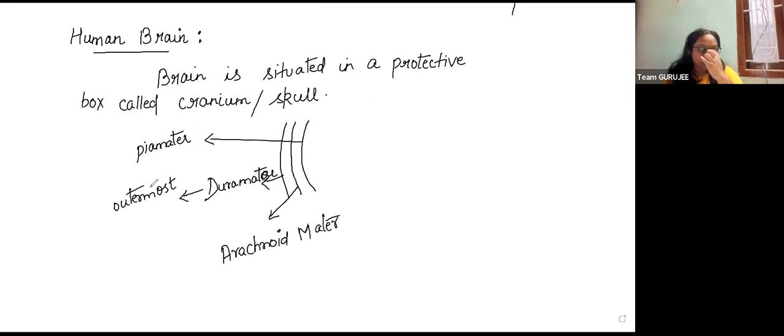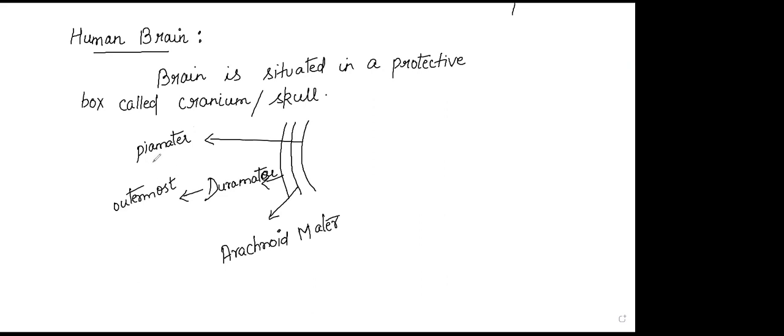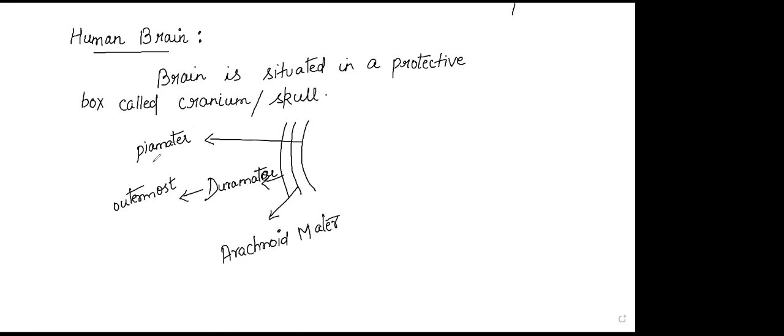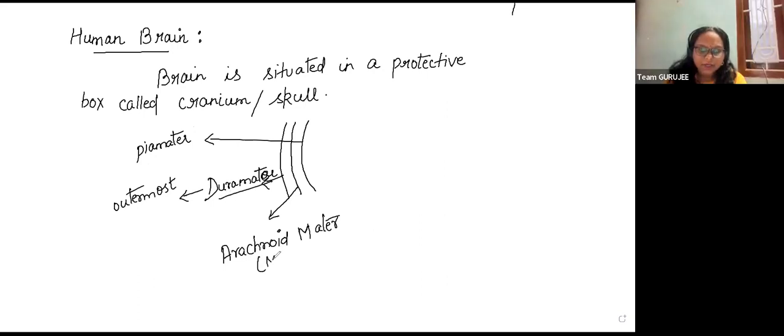Dura mater, and next to that you have the arachnoid matter, and next to that you have the pia matter. Saisha, what is that? Ma'am, pia matter is the innermost. Yes, innermost. This is the outermost, this is the middle, and this is the innermost.